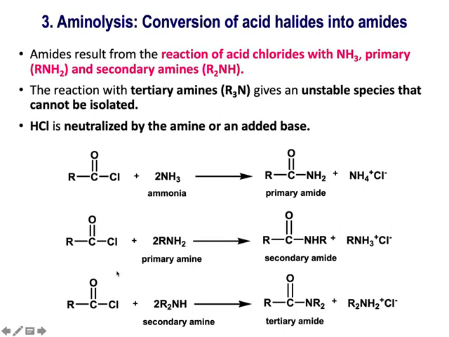So from acid chloride, we can produce primary, secondary, and tertiary amides. It depends on the reagent we are using: is it ammonia, or a primary amine, or a secondary amine? So the type of product depends on the classification of the amine.